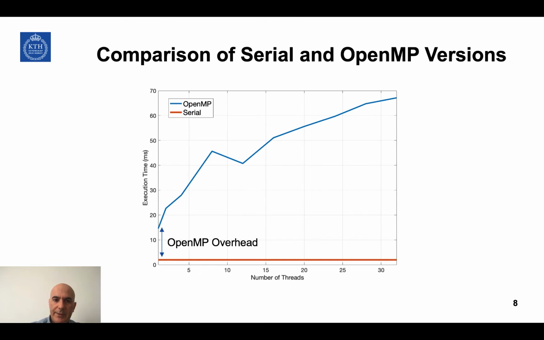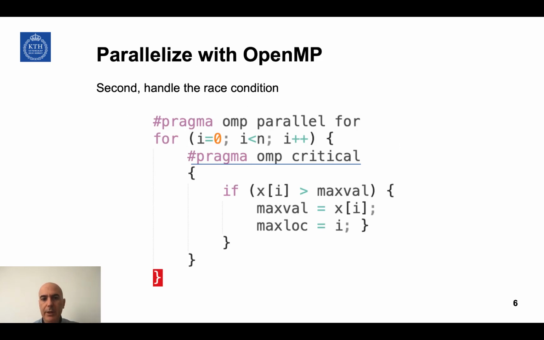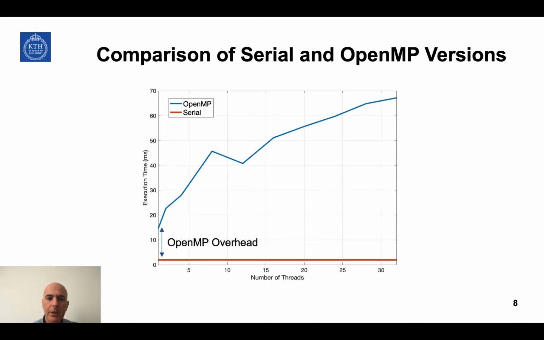So let's look at the performance results of MaxLoc using this implementation. This slide shows the performance. On the x-axis, we have the number of threads. On the y-axis, we have the execution time in milliseconds. We have two lines: the serial version, which is the orange one, and the blue one.